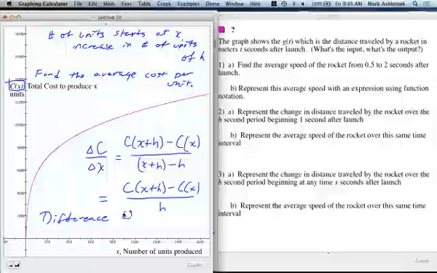What does it give? Average cost per unit. So it's the average rate of change. It's not the average cost, it's the average cost per unit. It's just the average rate of change.